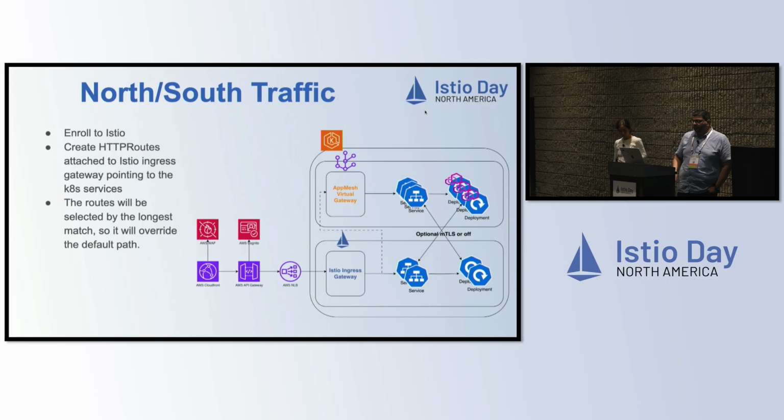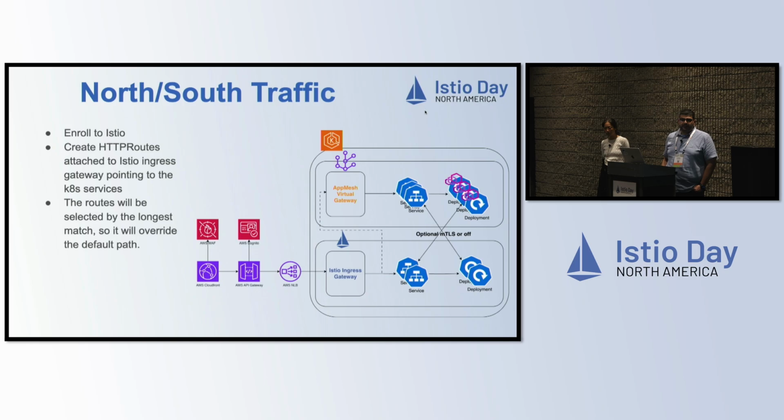And after that, for the north-south traffic, we start to enroll the services or the namespaces one by one by adding the annotations to enroll into the ambient backend for Istio.